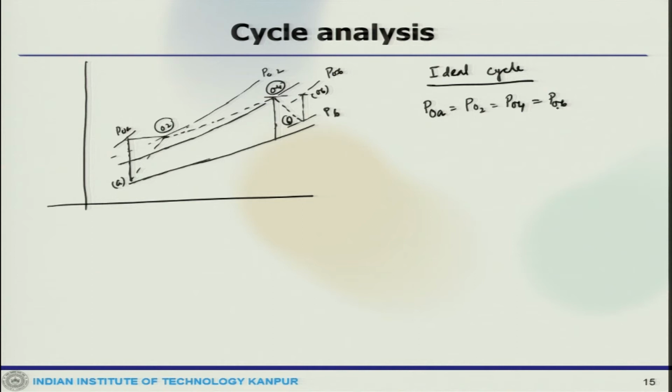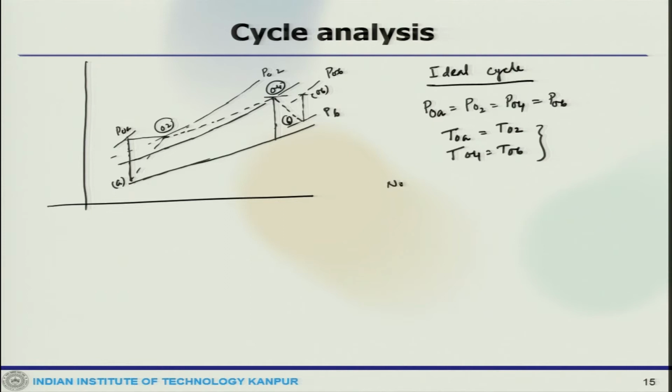Okay. So, since no work nor heat addition or rejection takes place in the intake and nozzle, we can apply the first law of thermodynamics. So, what we will get is T naught A is T naught 2 and T naught 4 is T naught 6. So, that is what we get.